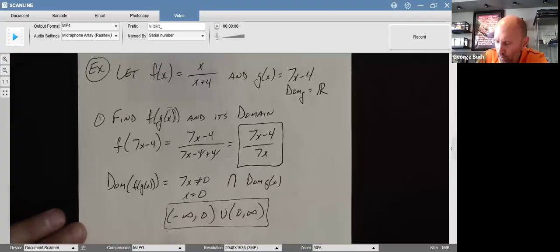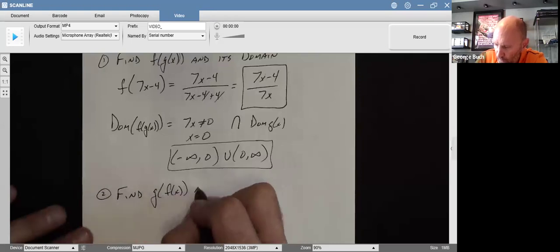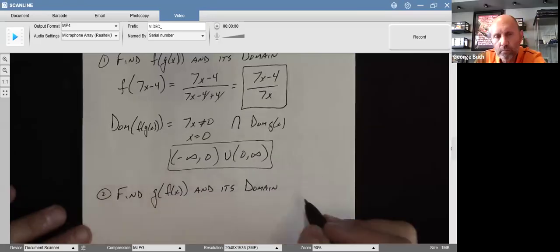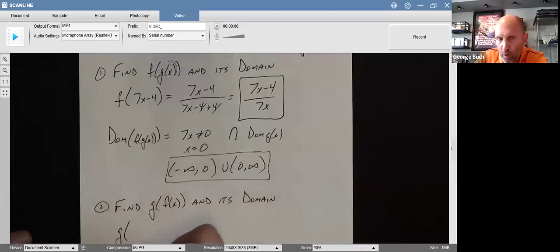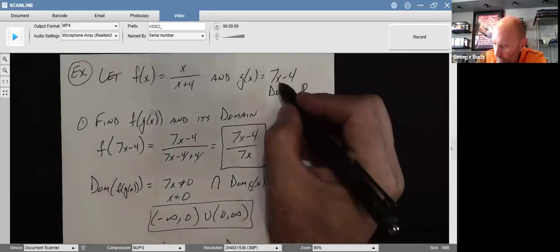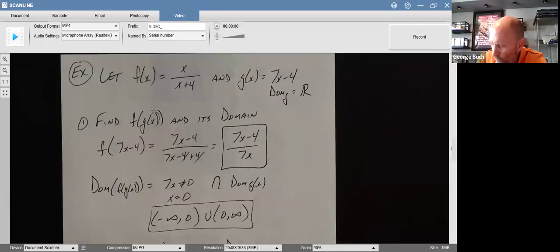And then number two, what if I want to find g of f of x and its domain? So that means g of f, well, f is what? x over x plus 4. So plug that into g. So I get 7 times x over x plus 4 minus 4, which is 7x over x plus 4 minus 4, or 4 over 1.